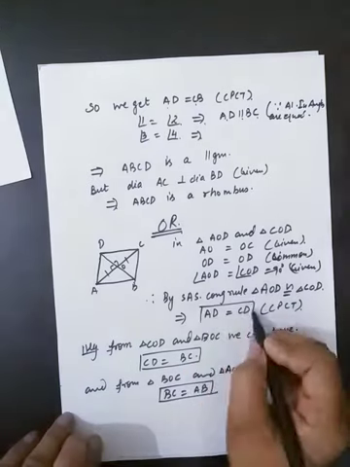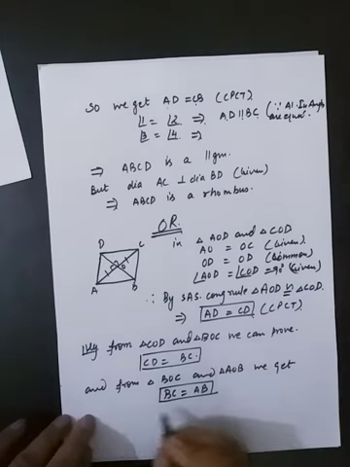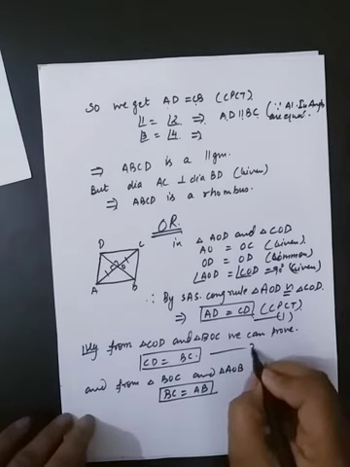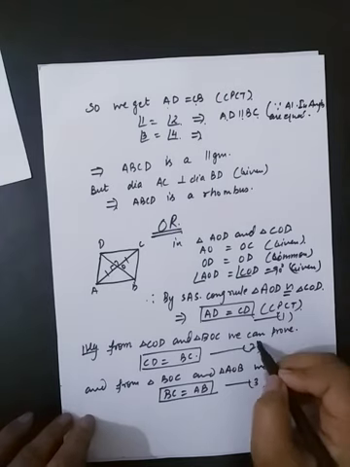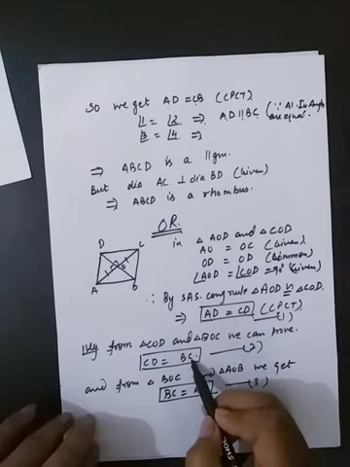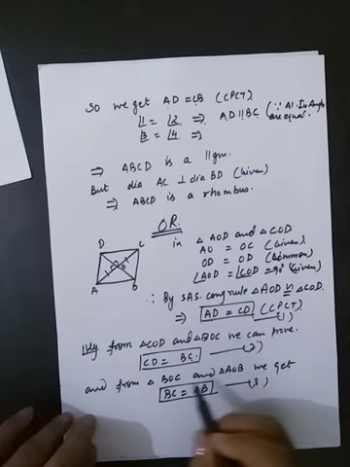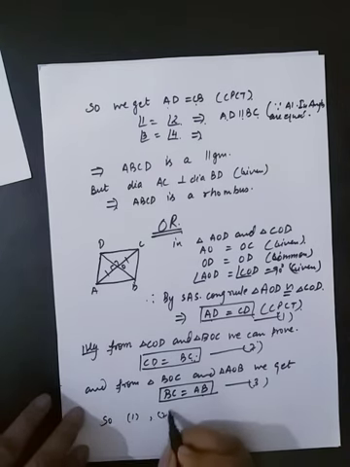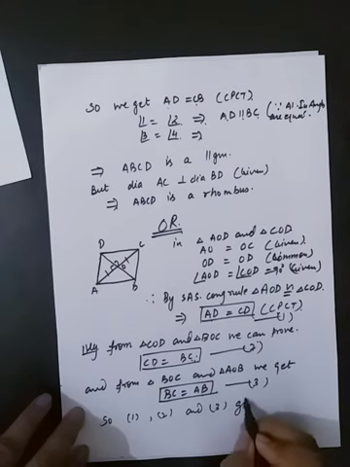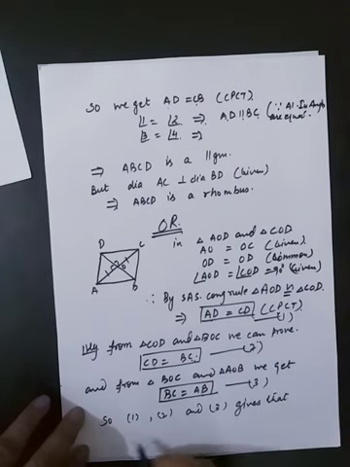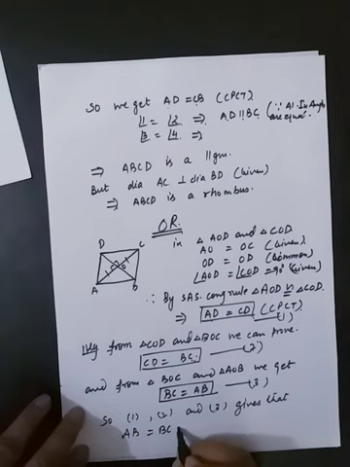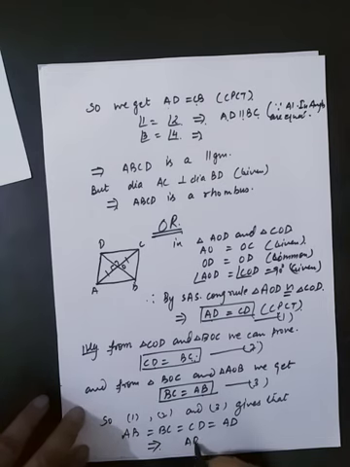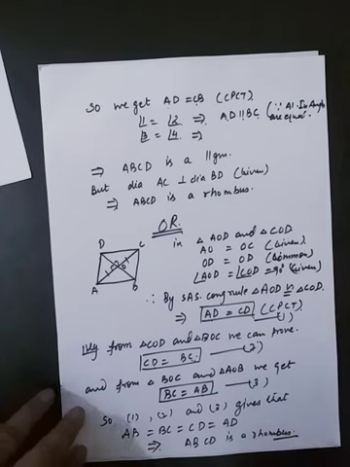Now from the above statements, from equation 1 and 2 we get that AD, CD and BC are equal. And from equation 2 and 3 we get that BC, CD and AB are equal. So equation 1, 2 and 3 gives that AB is equal to BC is equal to CD is equal to AD. And this statement gives you that ABCD is a rhombus. Hence proved.